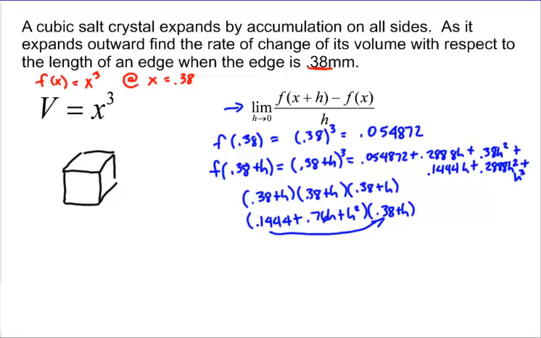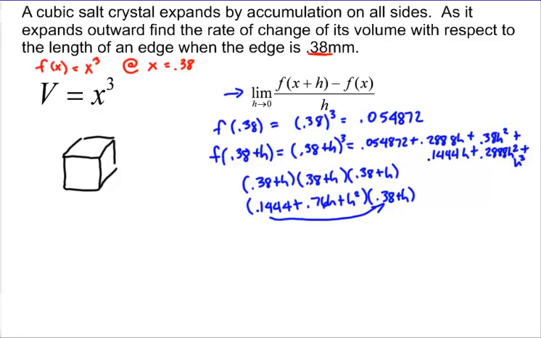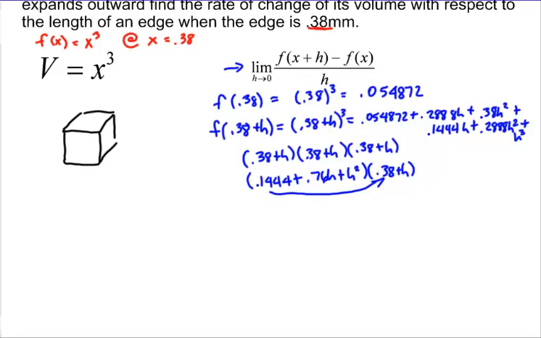All right. So when I set up my limit, I'm going to take this one, minus this one, and then see if I can cancel the h's out and see what happens with things going to 0.